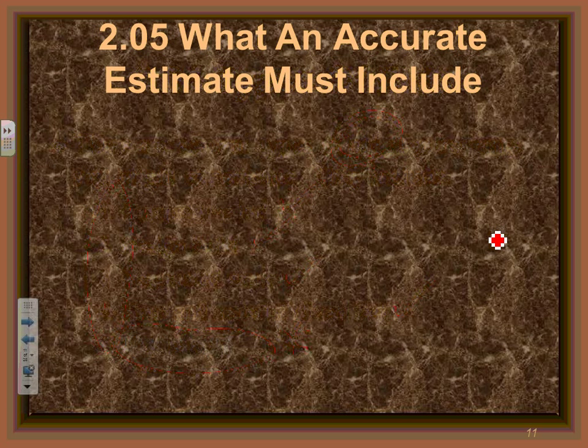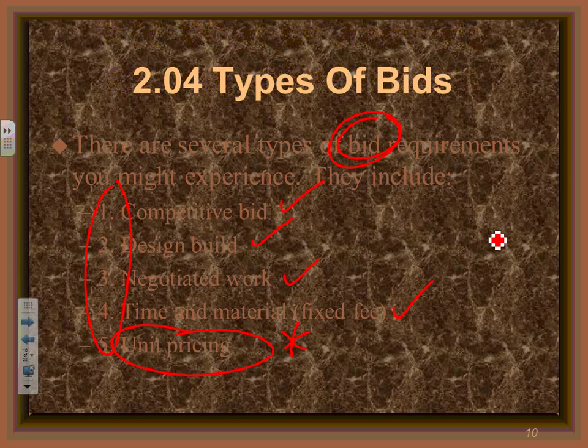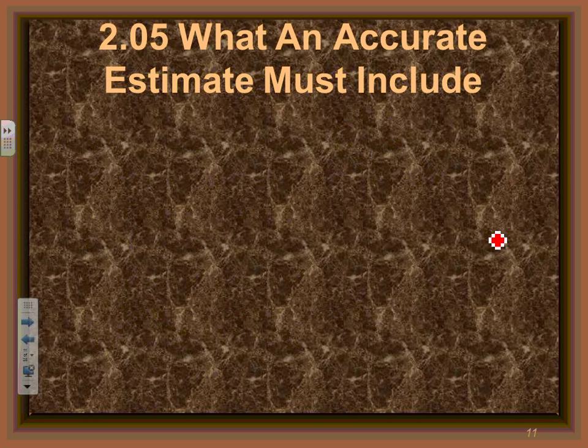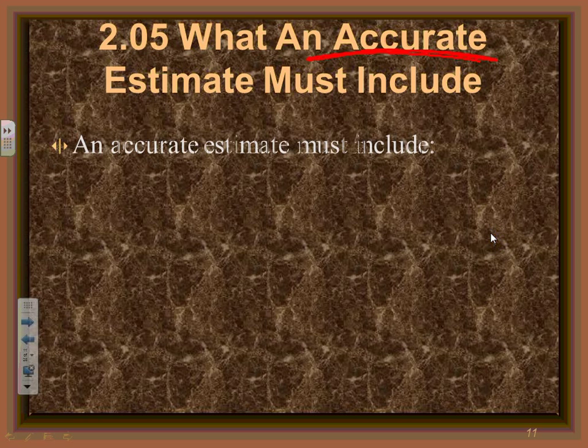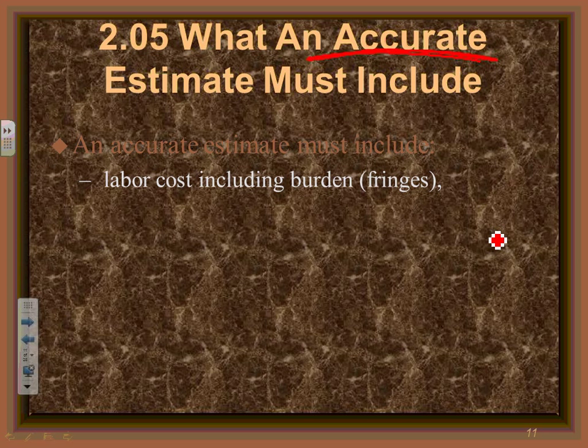Okay, what an accurate estimate must include. So now we know what the bids are. So what do we need to include in an accurate, and I emphasize the word accurate, estimate? An accurate estimate must include the following. Labor cost, including burdens. How much is it going to cost me to do the job, including the burden?